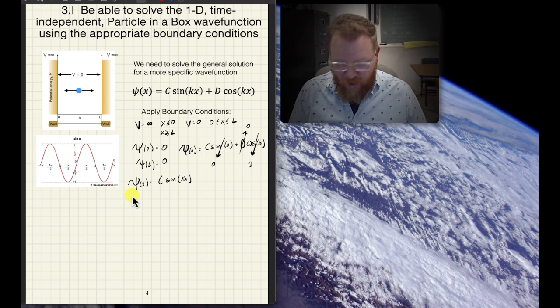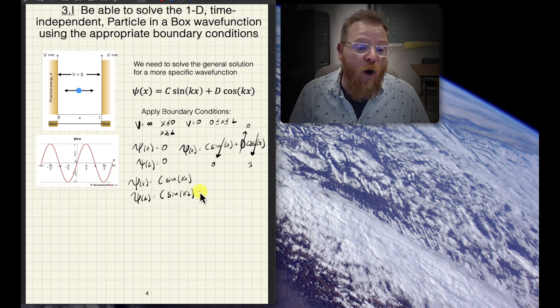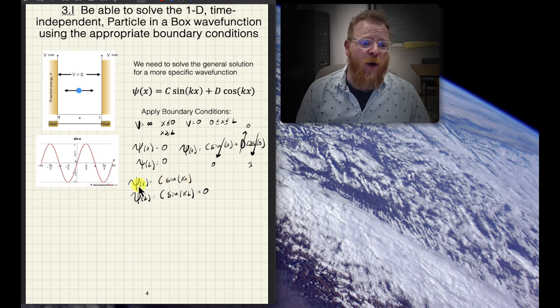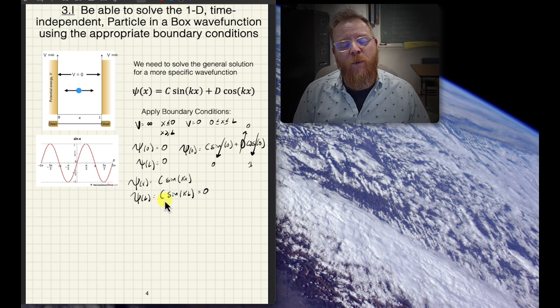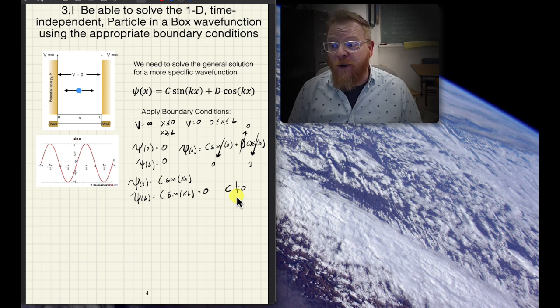And further, we can also say that at x equals L, psi equals c times sine of kL, and that also has to equal 0. So we already know that this expression equals 0 at x equals 0, so that's all good. So what we can conclude here then is c cannot equal 0 because then we don't have a wave function at all.